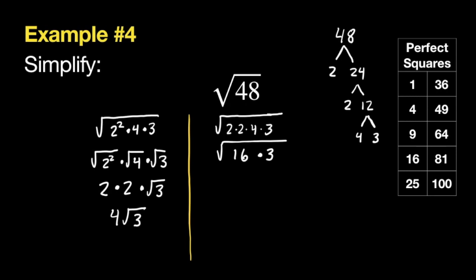So if you multiply 16 times 3, you get 48. Now, you split it and you put the square root of 16 times the square root of 3. The square root of 16 is 4, and 3 doesn't have a square root, so we get the same answer. But these are 2 ways that you can approach it. You choose the method. They're exactly the same.